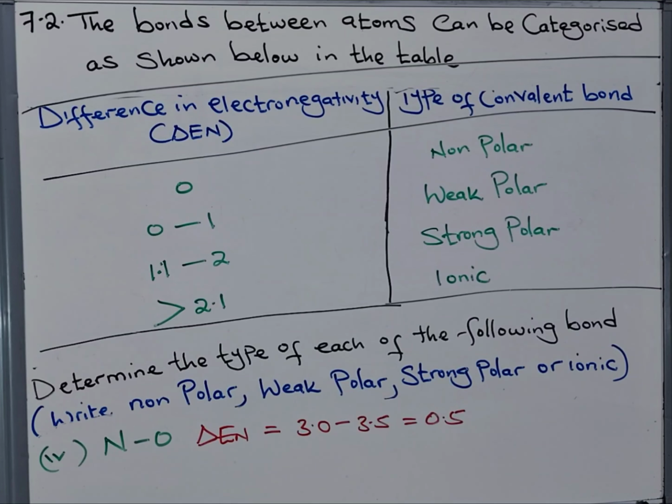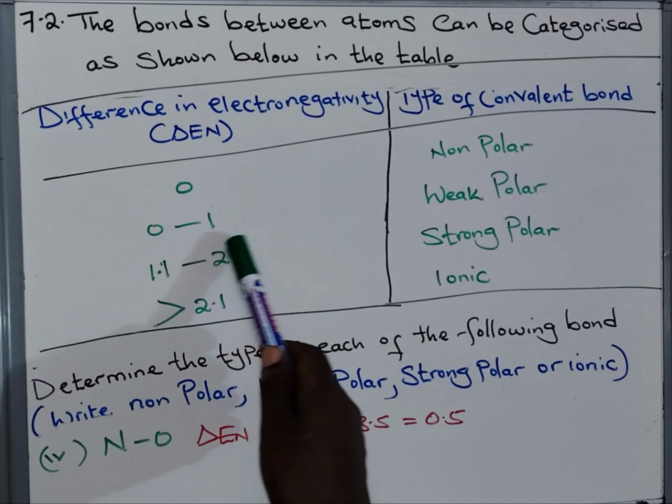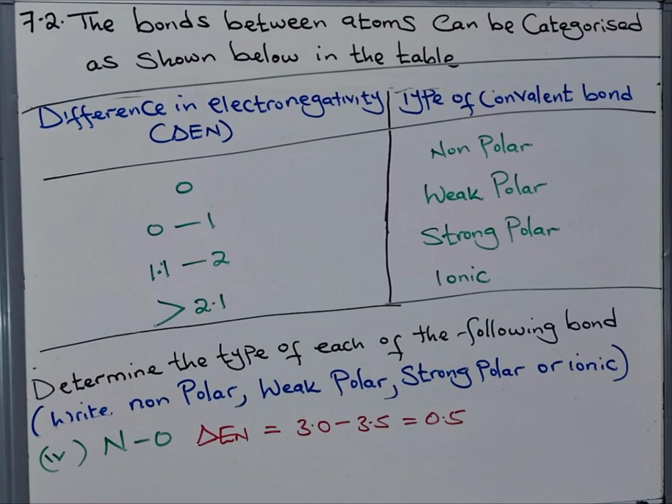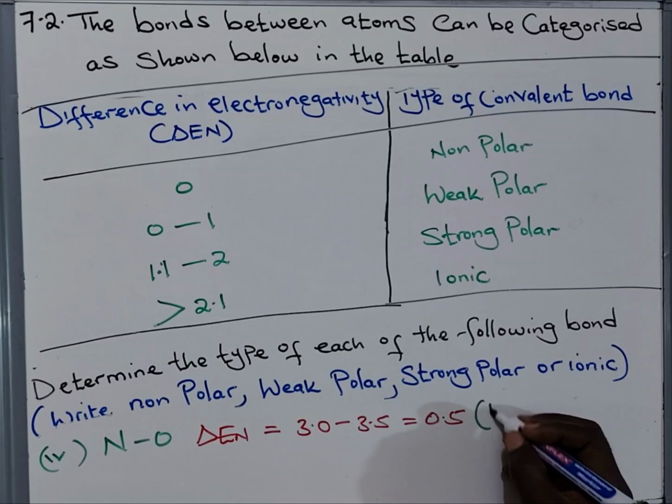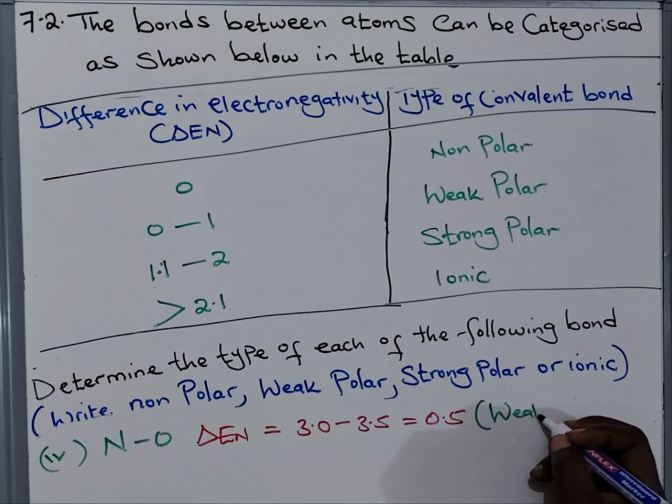Now 0.5 belongs to which category? It belongs to the range between 0 and 1. And what is it? It is weak polar, or weakly polar.